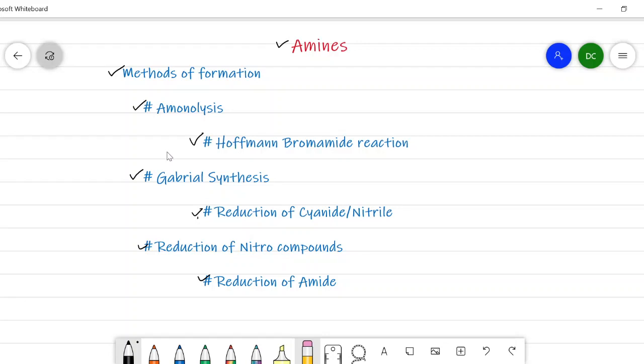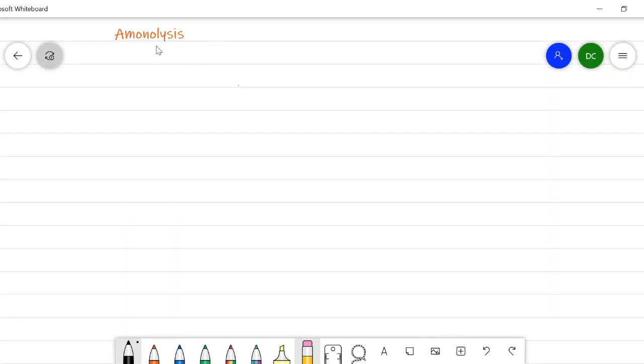Now we will see the first method, that is ammonolysis, in which there is a reaction of alkyl halides and ammonia. Ammonolysis is the first method of formation for the amines. Now we will see the actual meaning of ammonolysis.